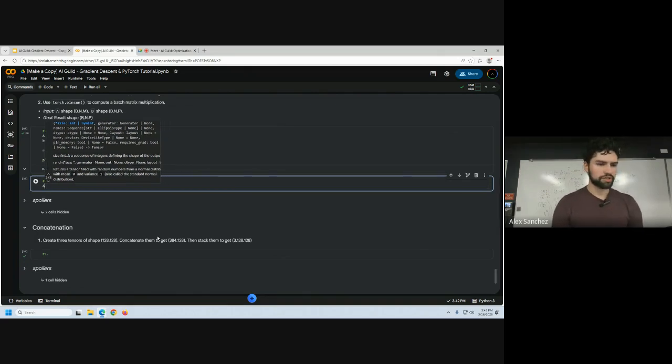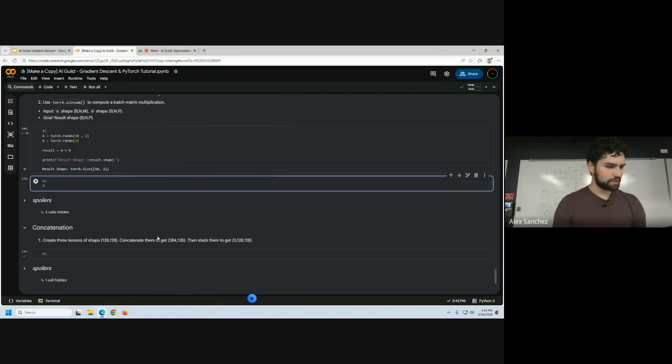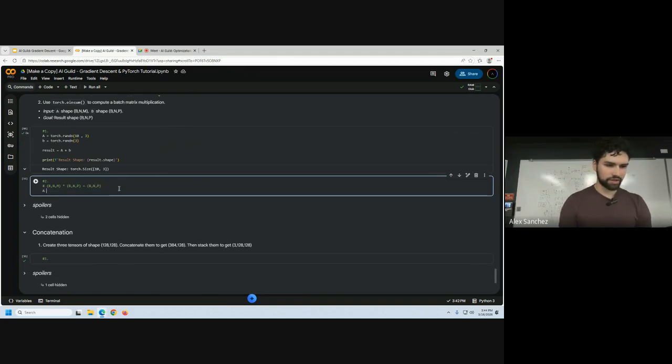What the goal is, we want A, which is size B and M, and we want to multiply it with B and P. This result would give us the resulting shape of B and P. How would this be done in einsum?